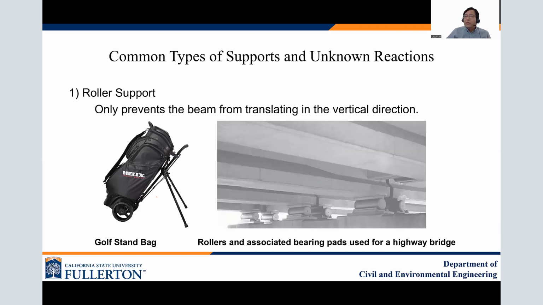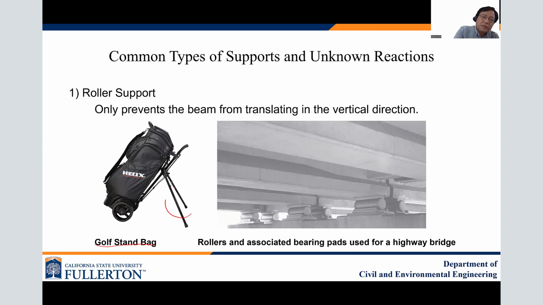There are three common types of support, which are roller, pin, and fixed support. A roller support can move horizontally and rotate, but cannot move vertically. Think about the golf bag stand.